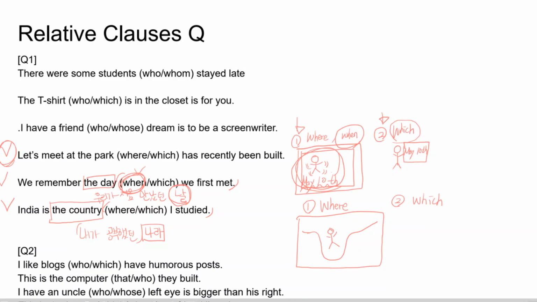So if I studied in India, we should use where. How about if which is the correct answer? What's the picture that comes to your mind? So if which is the correct answer, it would look like this.